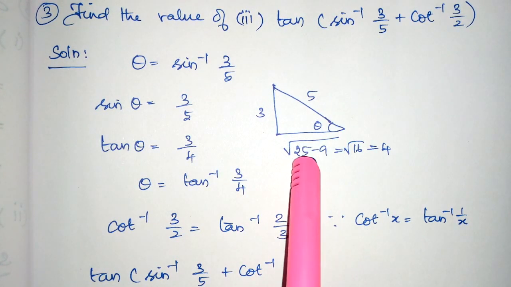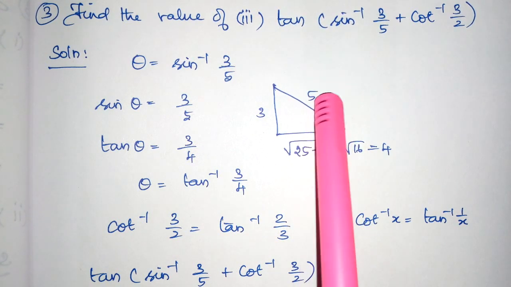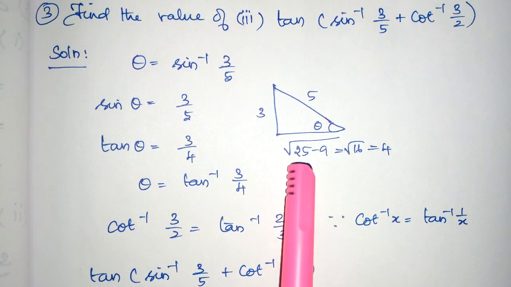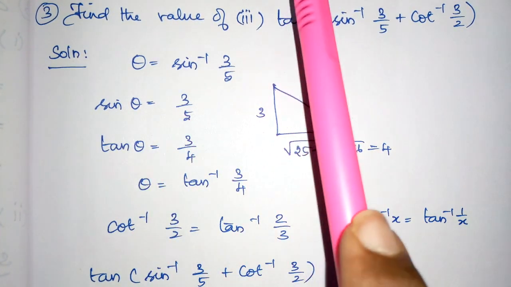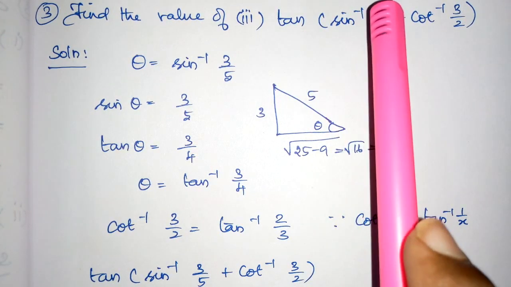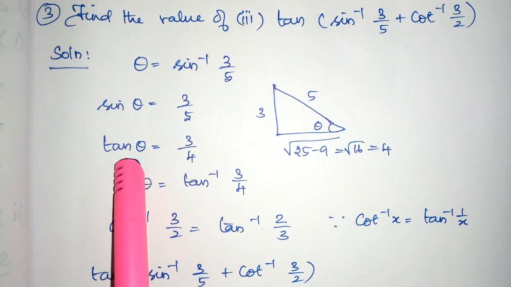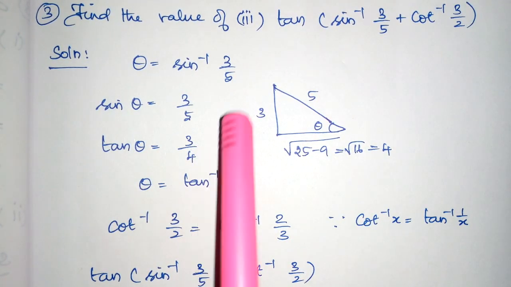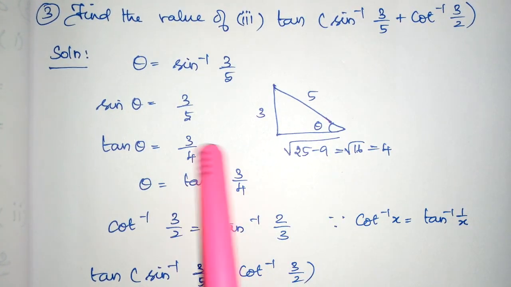To find the adjacent side, it is the square root of hypotenuse square, that is 5 square is 25 minus 3 square is 9. So 25 minus 9 is root 16, which is 4. Okay, so since I have tan here, I must find tan inverse. I have to convert this into tan inverse. So I am finding tan theta, right? So tan theta is equal to opposite side by adjacent side, which is 3 and 4, so 3 by 4. Now theta is equal to tan inverse of 3 by 4.